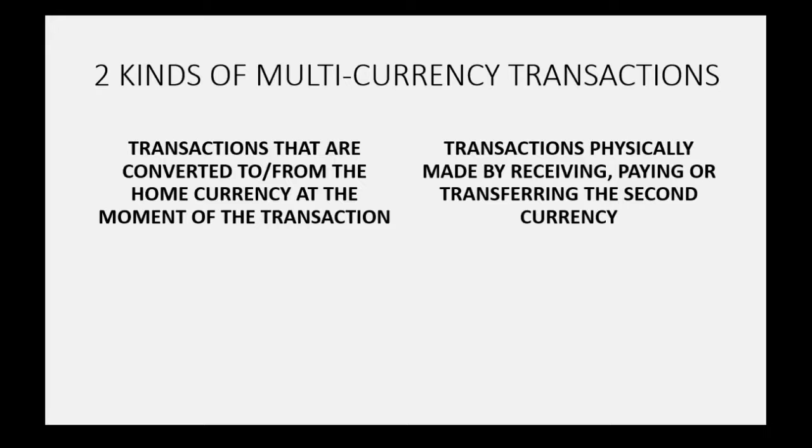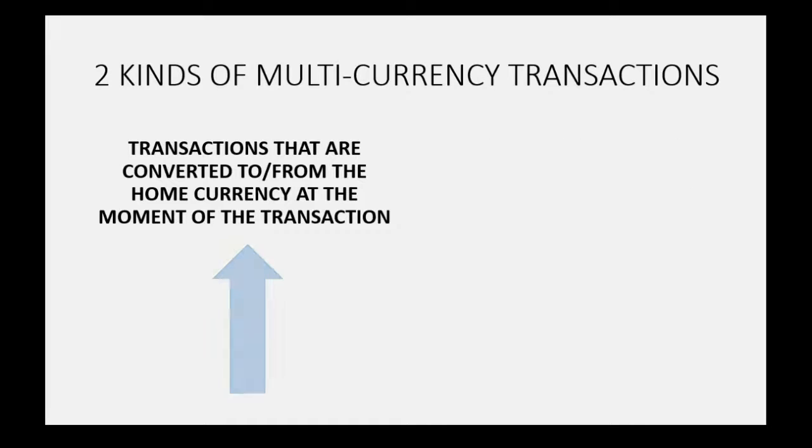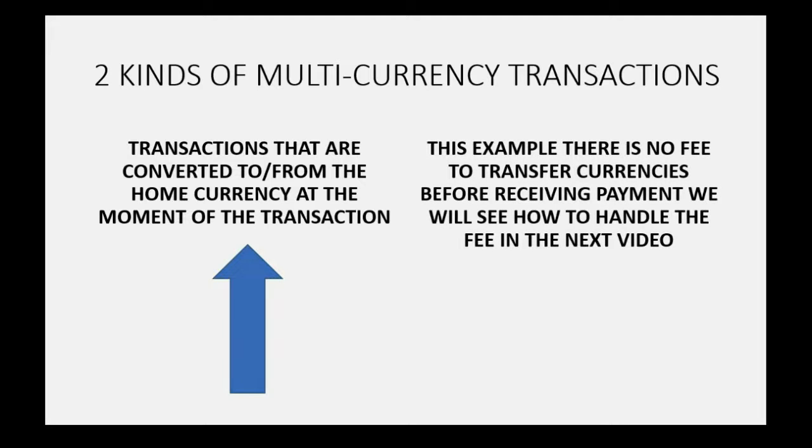Now this video and the video that follows will focus on the type of transaction that gets converted before we pay it or before we receive it. And in this example, there is no fee to transfer the currencies or to exchange the currencies. Before we receive payment, we will see how to handle the fee in the next video following this one.